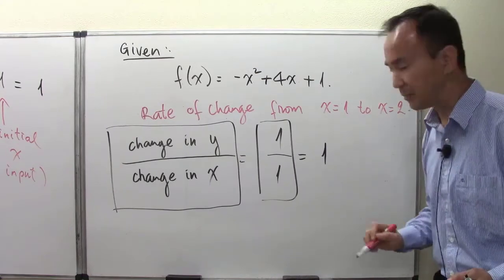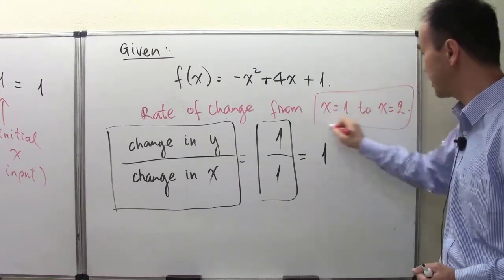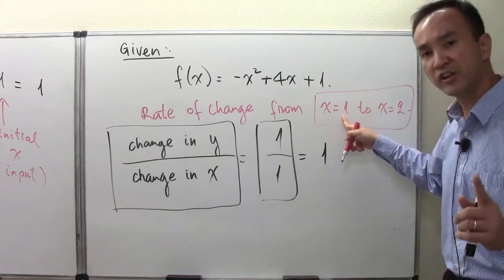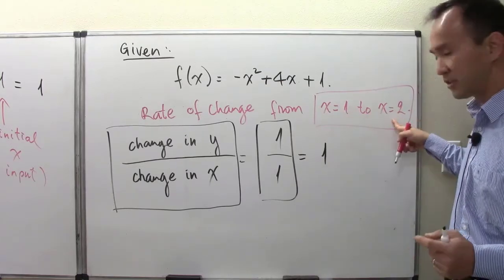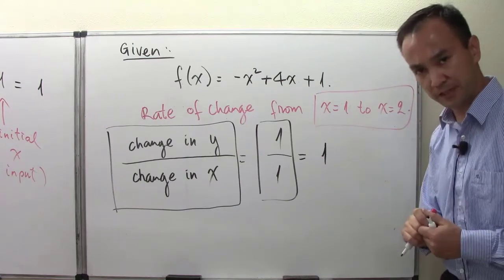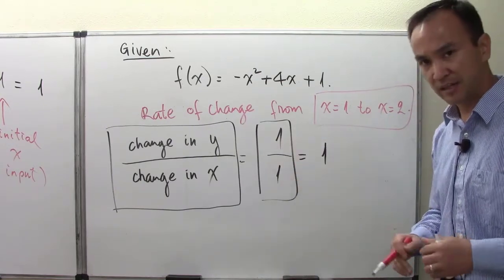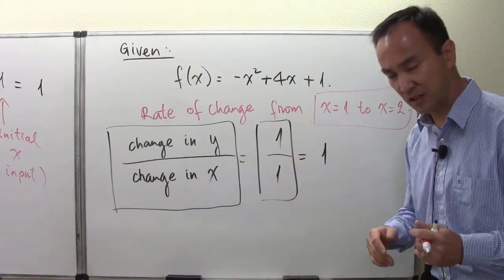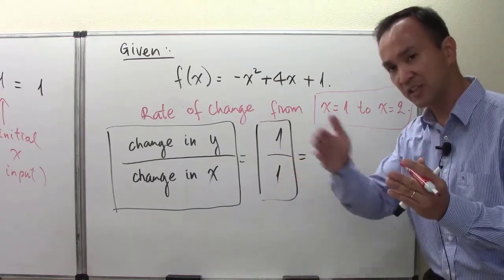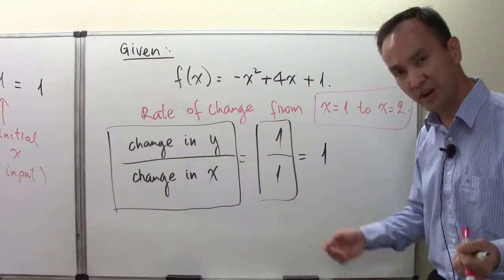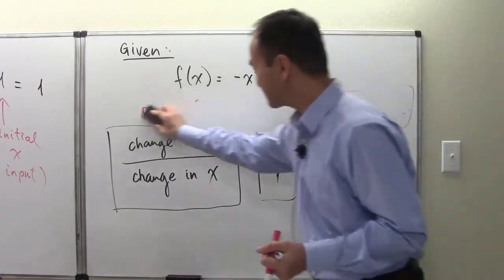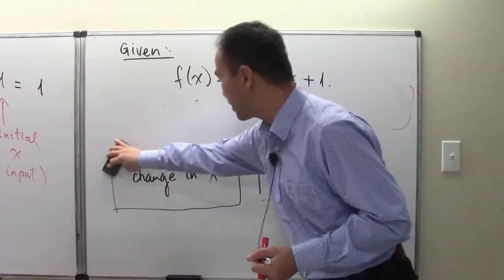That's another specific piece of information, because we had this rate simply because we looked at our initial x value of 1 and our final x value at 2. But for a different 2 values of initial input and final input, we can have a different rate of change. Okay, and so now, let me quickly erase this away.